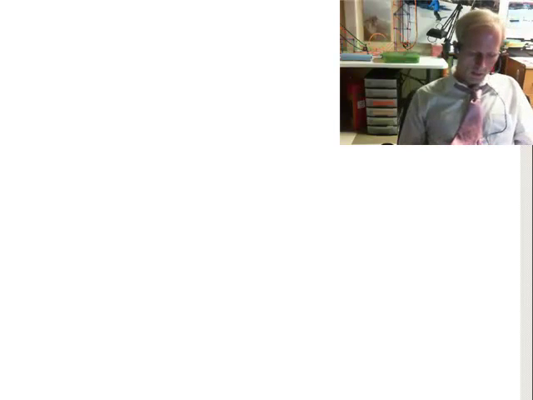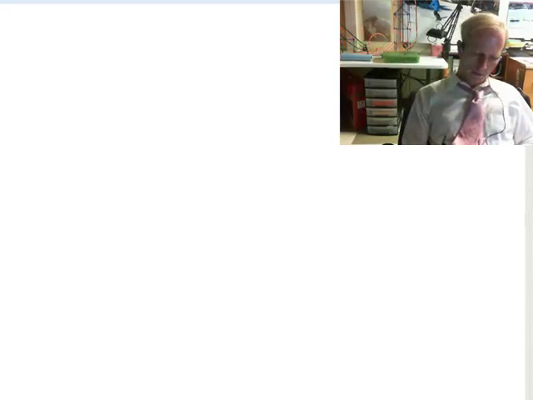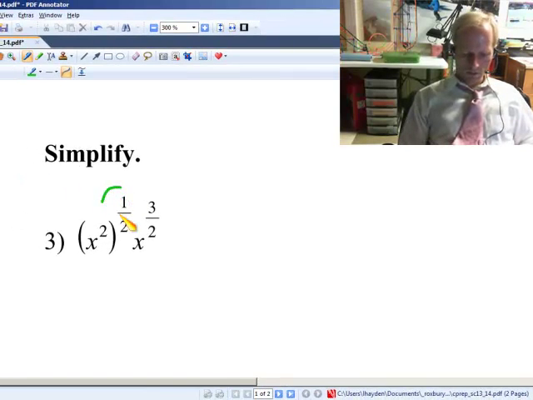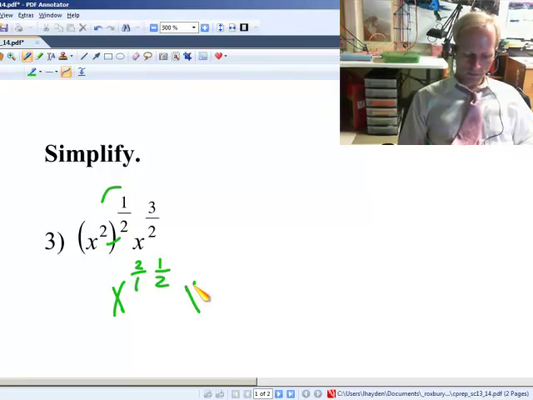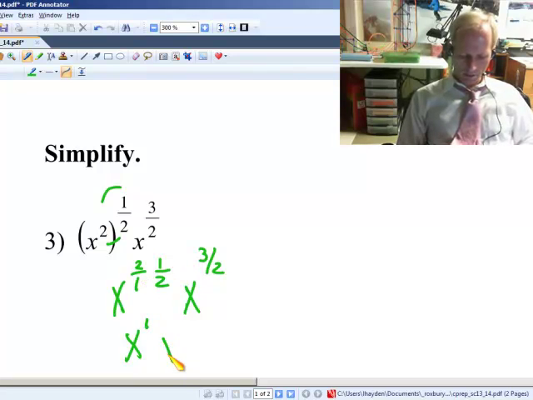Alrighty, the next one. Okay, number 3. I have power of a power, so that means I'm going to have to multiply. The way I multiply 2 times 1/2, well, that's 2 over 1 times 1 over 2. So that gives me x to the first, and then that's times x to the 3/2.